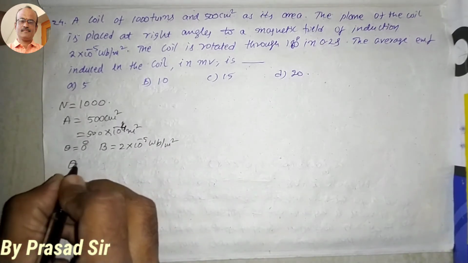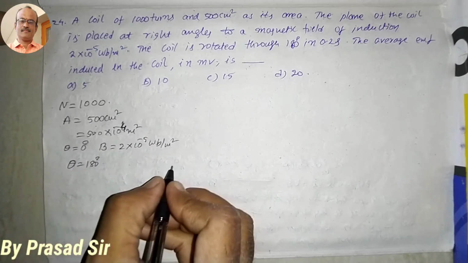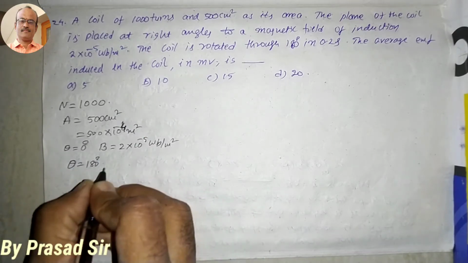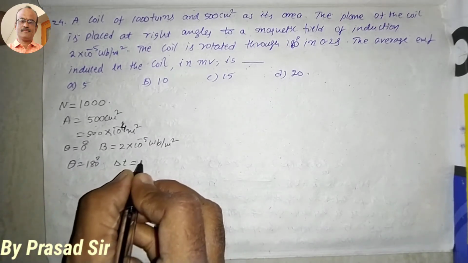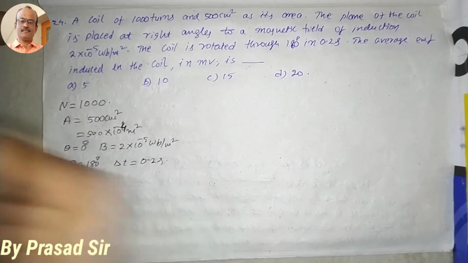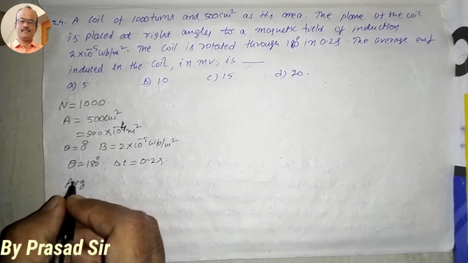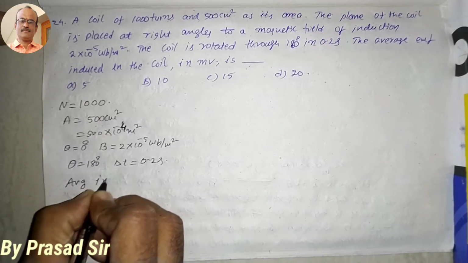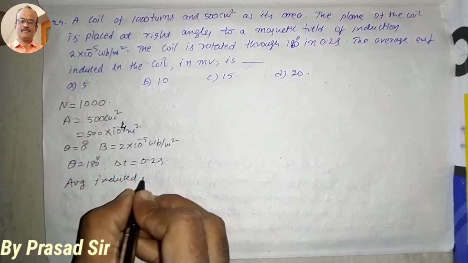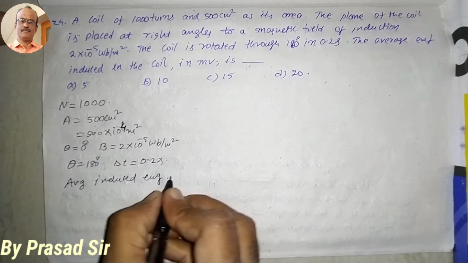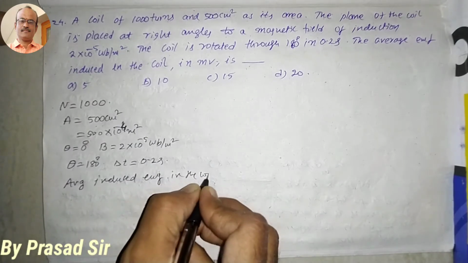When it is rotated through an angle of 180 degrees in how much time period here? Delta t is equal to 0.2 seconds. Then which one do we want to calculate here? The average induced EMF in the coil.